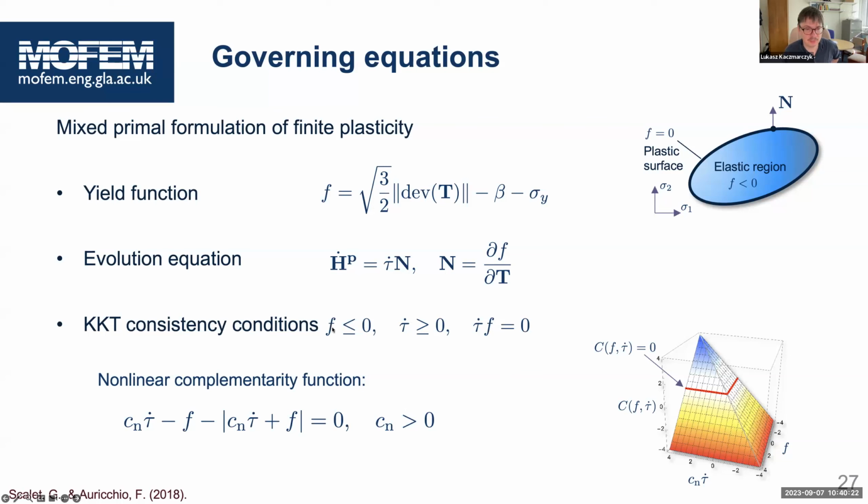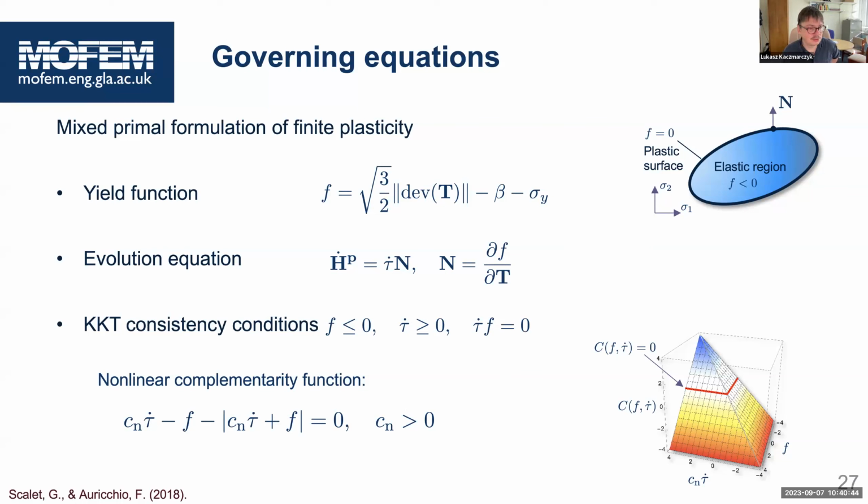For example, when you put f smaller than 0, evaluation of this function will lead to the conclusion that Cn tau dot has to be equal to 0, which is the case because the rate of the Lagrange plastic multiplier has to be equal to 0 when you are inside of the plastic surface.